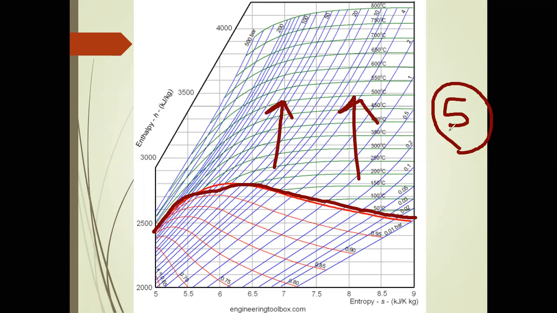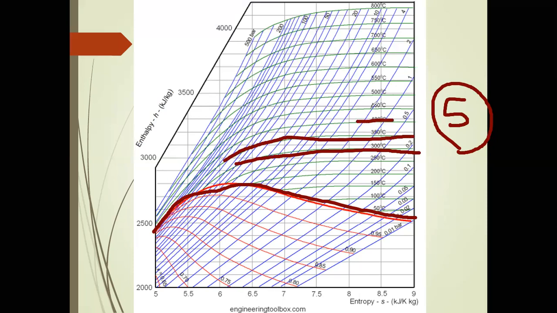And you can also see here, if I remove this line, you can see this line. This is the 300 degrees Celsius line. If I draw this line more, the green one, 350, then 400, 450, 500, 550, 600, 650. So these are all temperature lines, even 100 degrees Celsius, even 50 degrees Celsius.